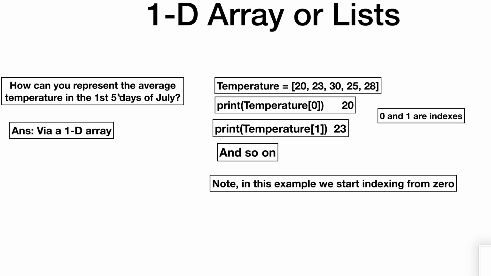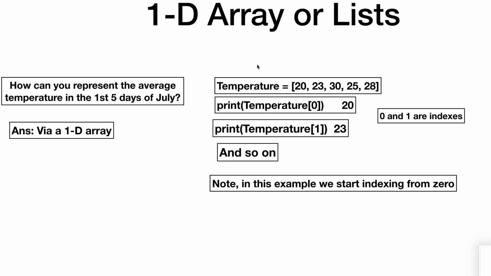Now the eagle-eyed amongst you will realise we're talking about the first 5 days of July. So 20 refers to the average temperature on the 1st of July. 23 represents the average temperature on the 2nd of July. 30 is the average temperature on the 3rd of July. 25, average temperature on the 4th, and 28, the average temperature on the 5th.